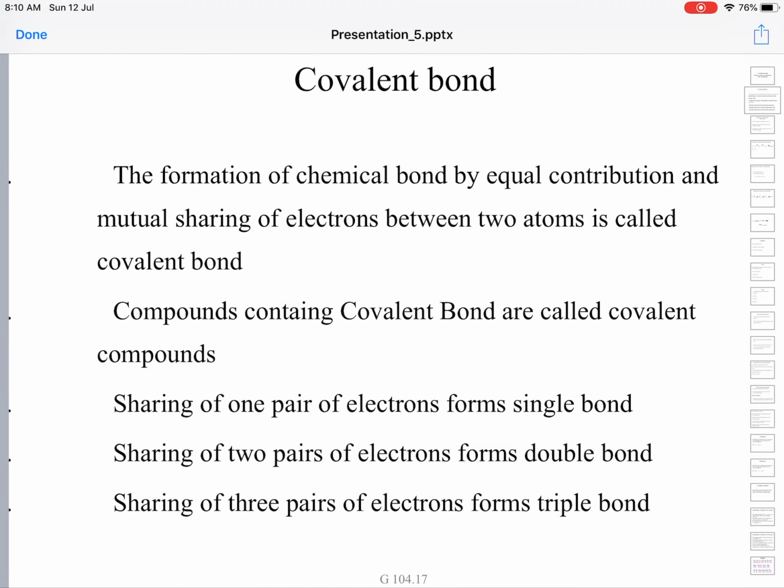See, in the last classes we have discussed the electronic theory of valency proposed by Kossel and Lewis.